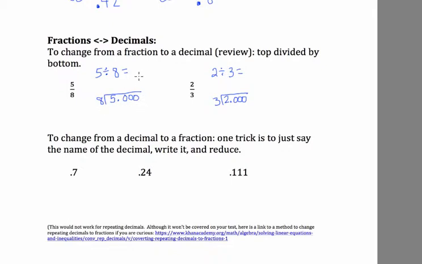So 5 divided by 8 on a calculator, 0.625. 2/3, 2 divided by 3, or 2 divided by 3 by hand. On a calculator, when you do 2 divided by 3, you get 0.66666 and then a 7 at the end, right?